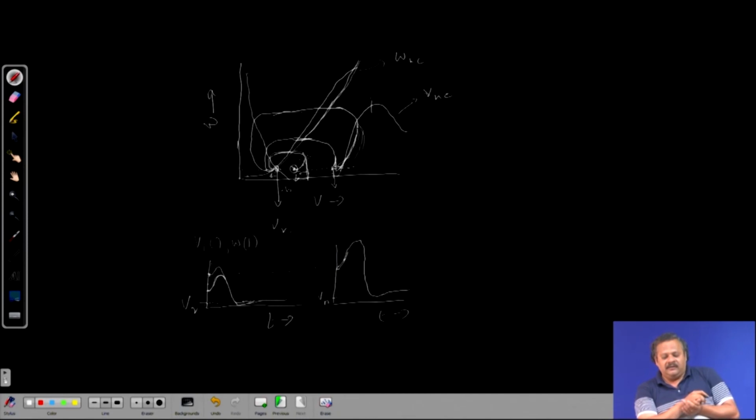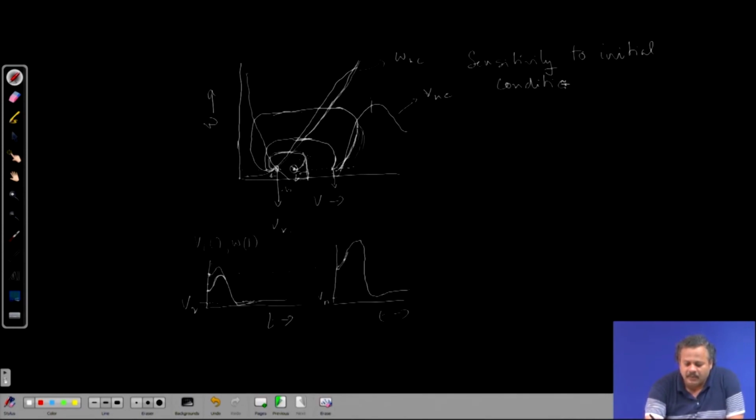This kind of behavior cannot be seen in any linear systems. So, this sensitivity to initial conditions is one of the important properties of this kind of nonlinear systems.